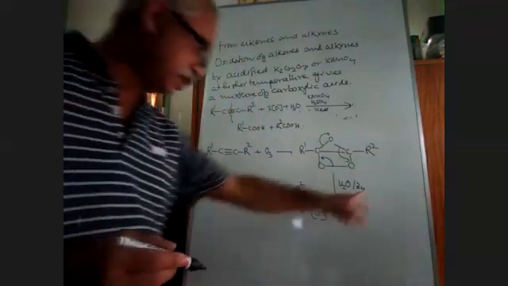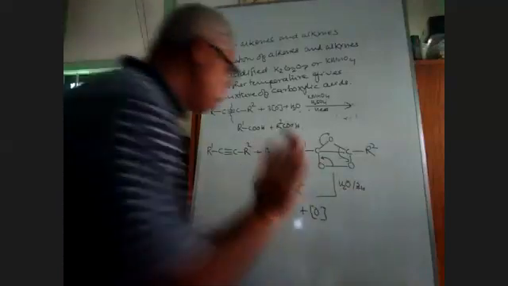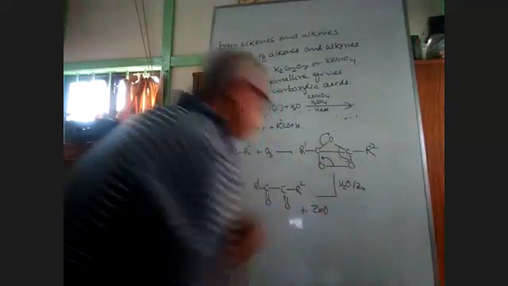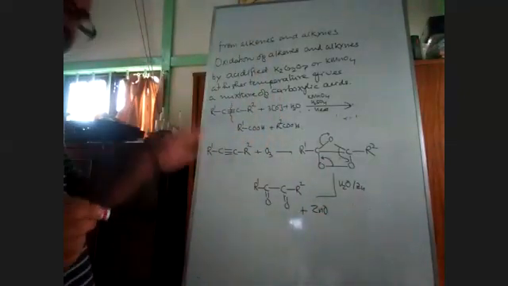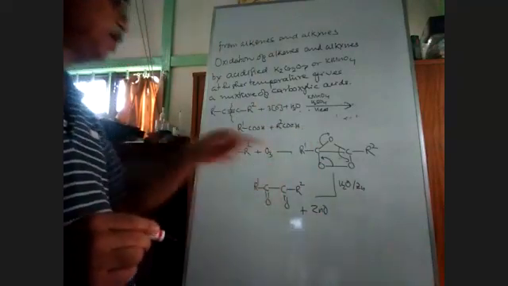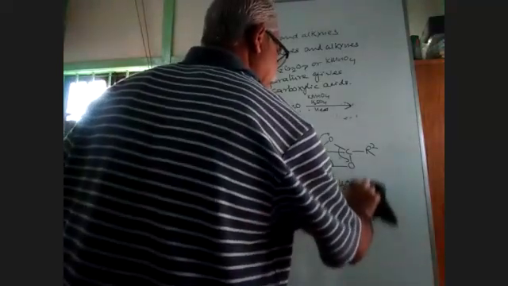This nascent oxygen combines with zinc. Don't write. Then you get here zinc oxide. But if I do not add zinc, what will happen? This oxygen will further oxidize this molecule. So now what is going to happen?